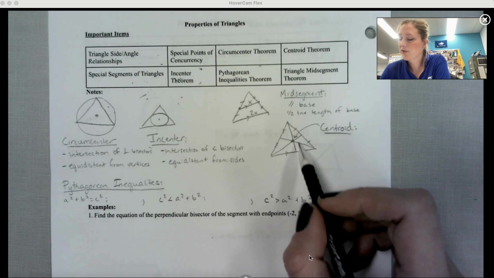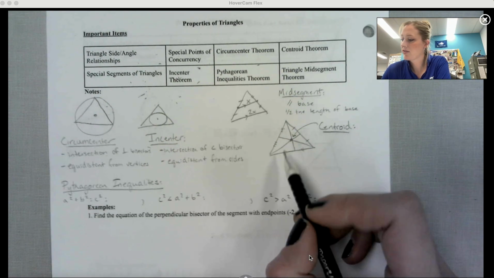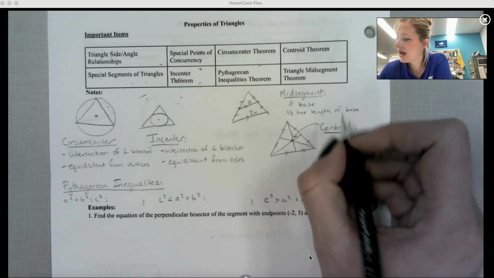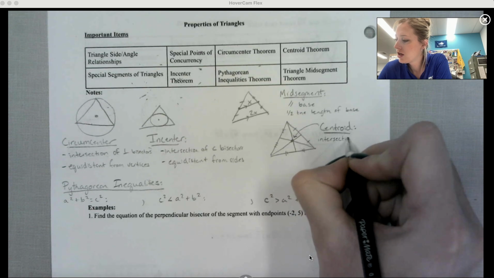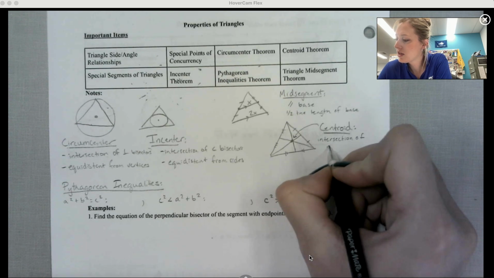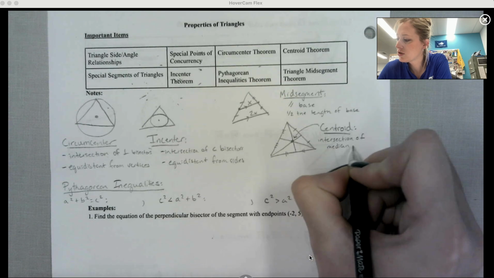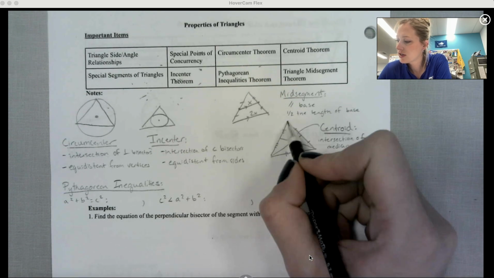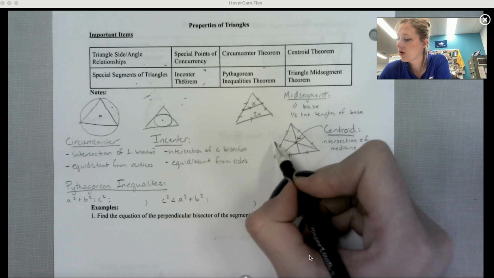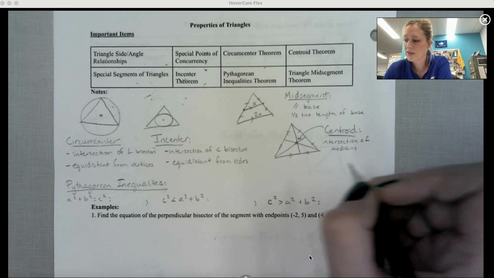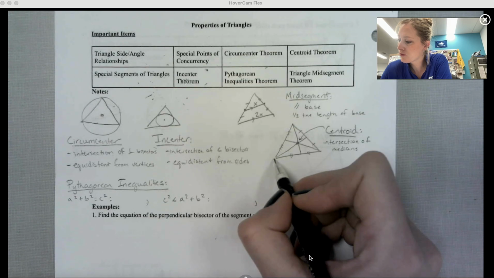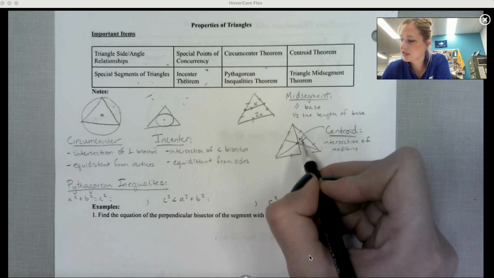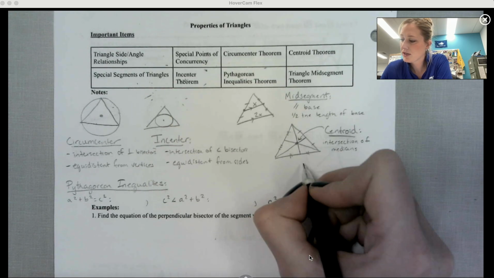This picture goes with the centroid. The centroid is created by medians, so it's the intersection of medians, and a median connects a vertex to a midpoint. So vertex to this side's midpoint. All three of those intersect to form the centroid. It has this special property. Once they intersect, the median has two pieces, the short piece and the long piece.